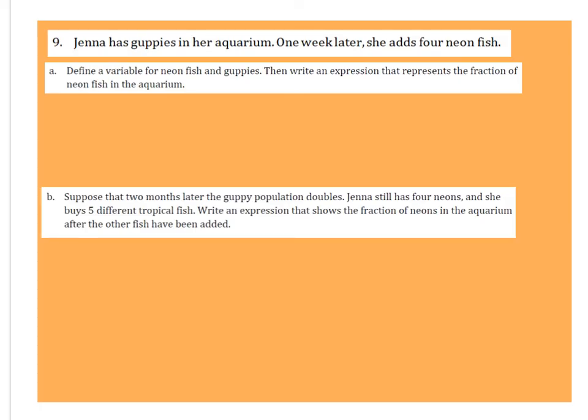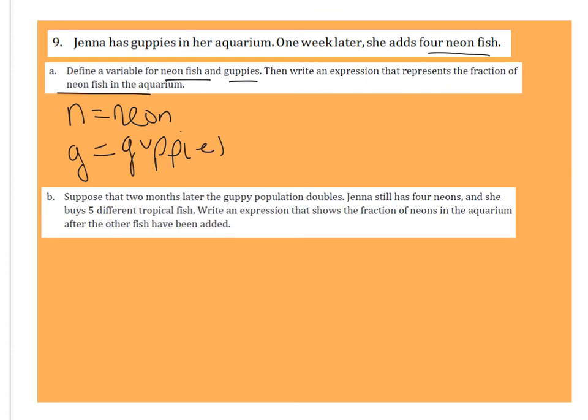So Jenny has guppies in her aquarium. One week later, she adds 4 neon fish. So define a variable for neon fish and guppies, then write an expression that represents the fraction of neon fish in the aquarium. So we'll let n be the neon ones, g be the guppies. So the fraction of neon fish in the aquarium is going to go like this. She starts out with guppies, then she adds 4 neon fish.